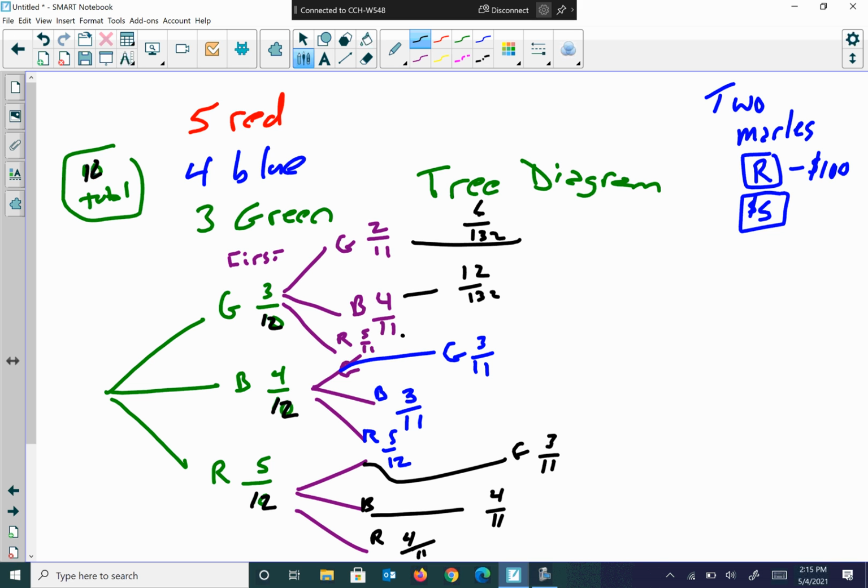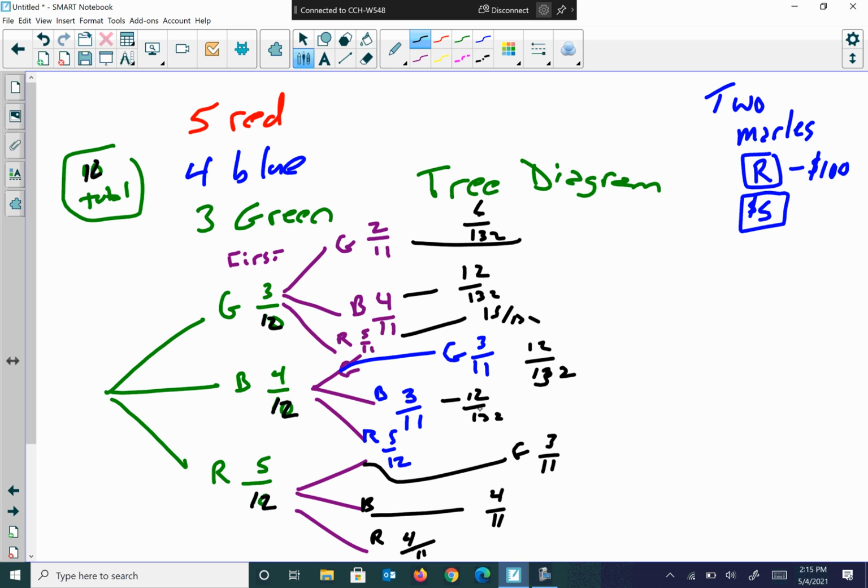Pulling a green then a red is going to give you 15 out of 132. Pulling a blue and a green is going to be 12 out of 132. Pulling a blue and a blue will also be 12 out of 132.